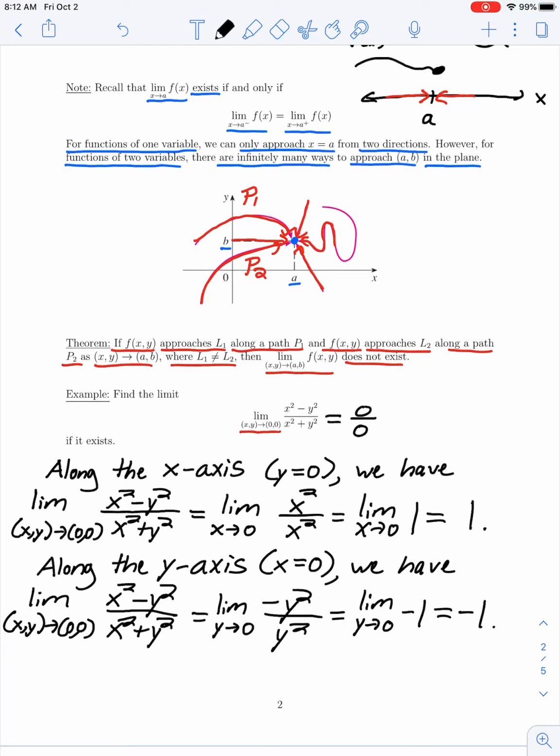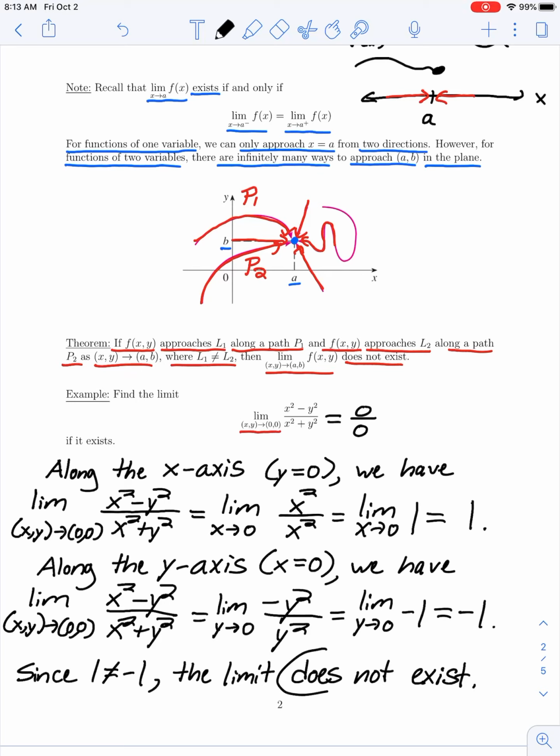So we see here that when we approach the origin along the x-axis, we would have a limiting value of 1. However, if we approach the origin along the y-axis, we had a limiting value of negative 1. Since these two values do not agree, that means that the limit does not exist.